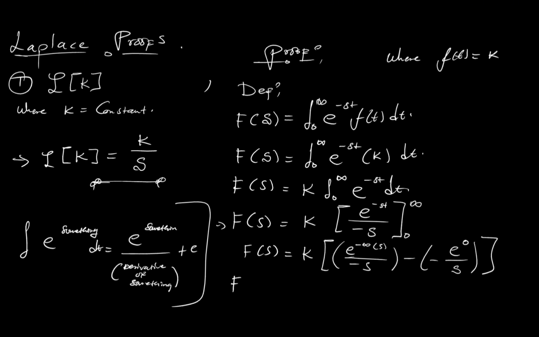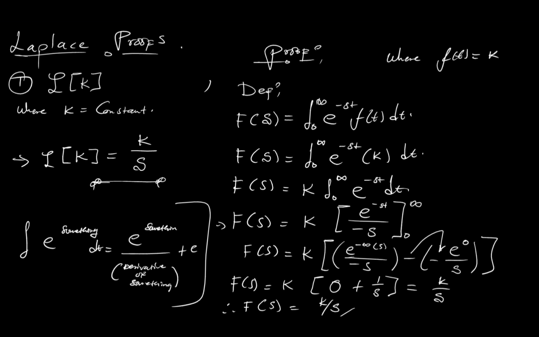So the f of s is now going to be k. We know that e to the negative infinity will give us 0. So we have k, then this would be 0, minus minus gives us a plus, and we'll have 1 over s. This tells us that we have k over s. Therefore, the Laplace of k is k over s. And we have proven.